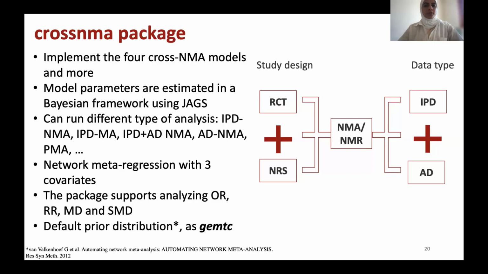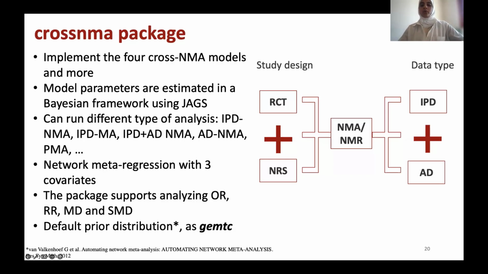We use Bayesian models for parameter estimation using JAGS software, and you can use the package not only to run these four Crossnma models, but also to run many different analyses, like network meta-analysis with individual participant data, or the standard network meta-analysis with only aggregate data. You can also decide to include randomized clinical trials, or include only non-randomized studies, or include both of them. Also, you can use it to run network meta-regression.